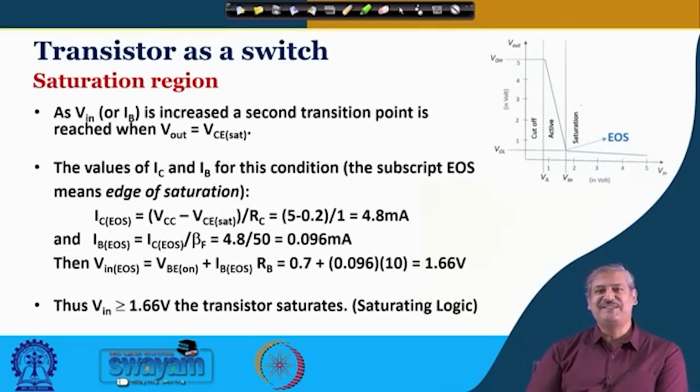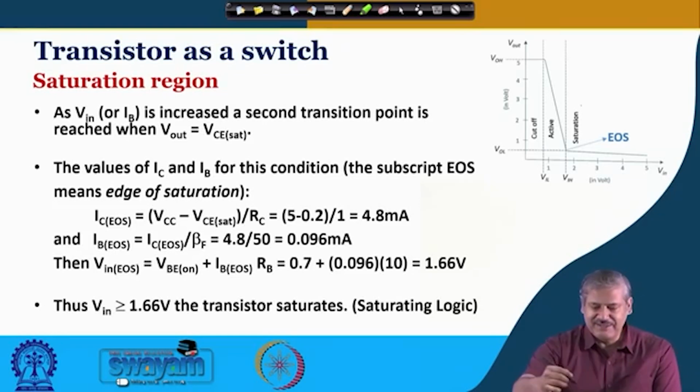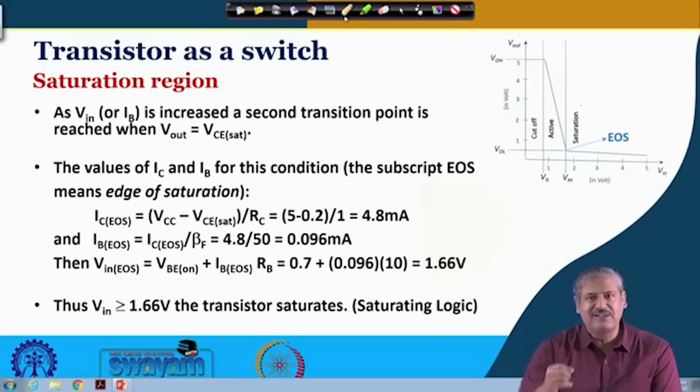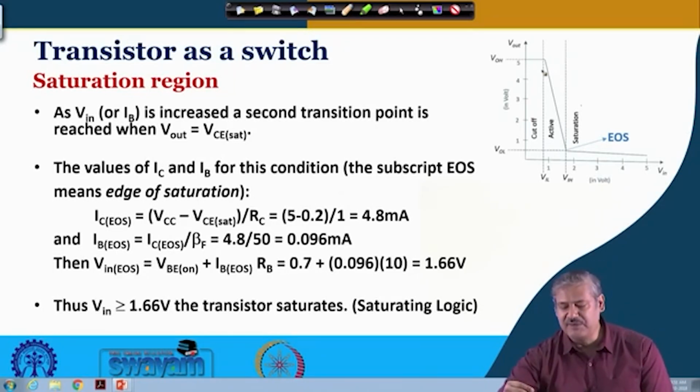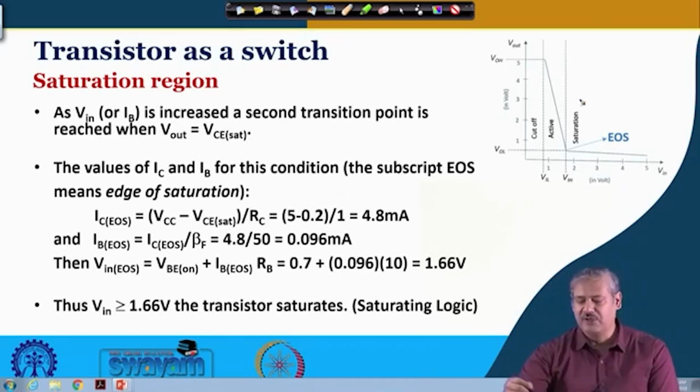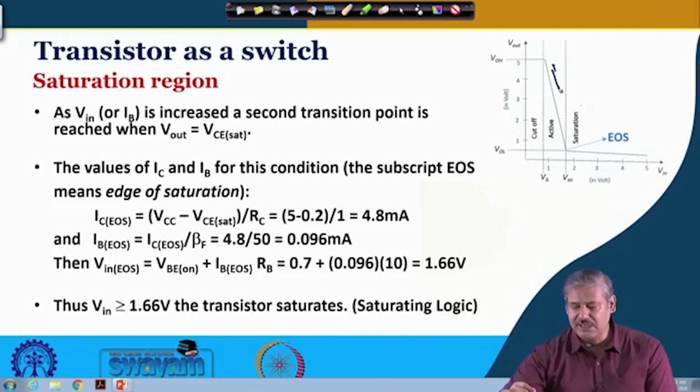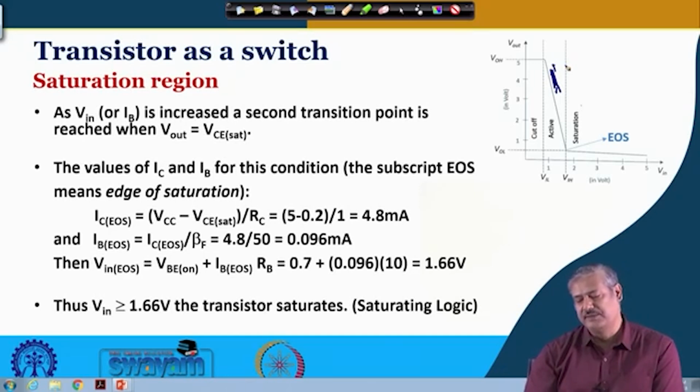Now, next is saturation region. In this saturation region we would be interested to see when it enters saturation. As long as it is remaining in active region, it is falling linearly with a negative slope. That part we have already seen, and that is what we have already noted in the previous slide.